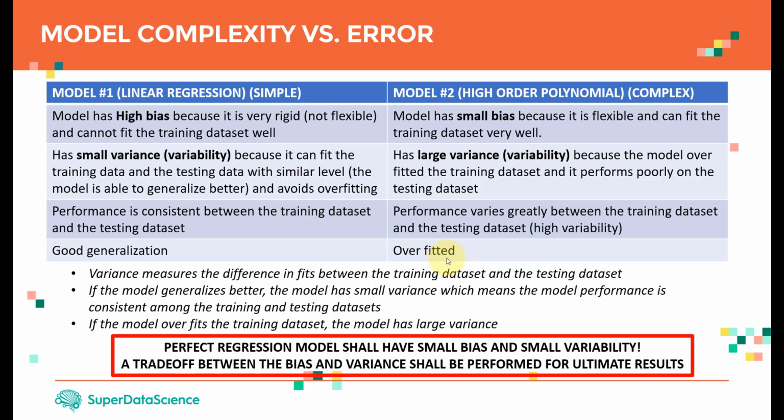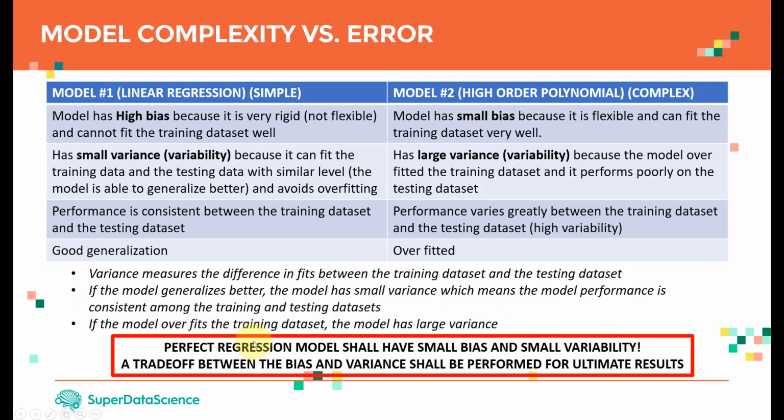Even when we perform, let's say, image classification in more advanced deep learning, you will find that we need to assess the model based on generalization capability. We need to make sure that the model does not overfit the training data. As I mentioned, variance measures the difference in fits between training and testing.